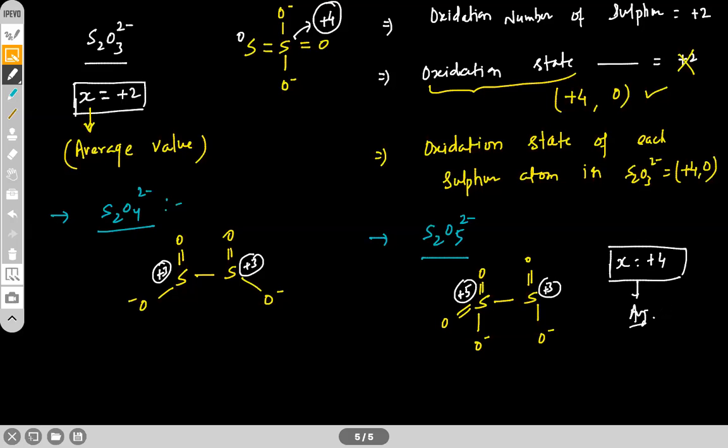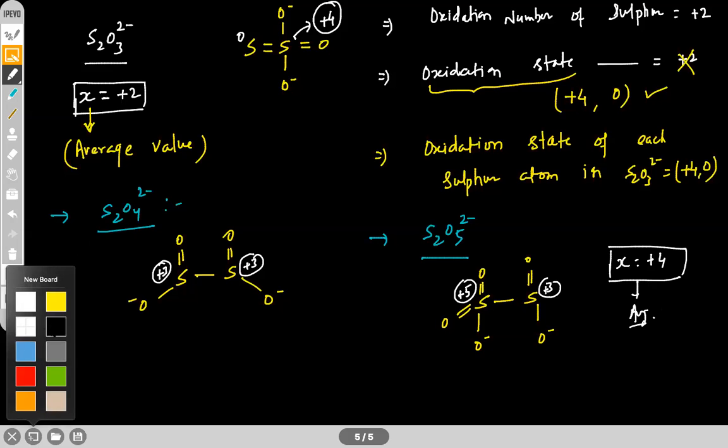Yes, tell me. Correct. So the X method gives you the average value, that we understood. What about S2O6 2 minus? You see this?